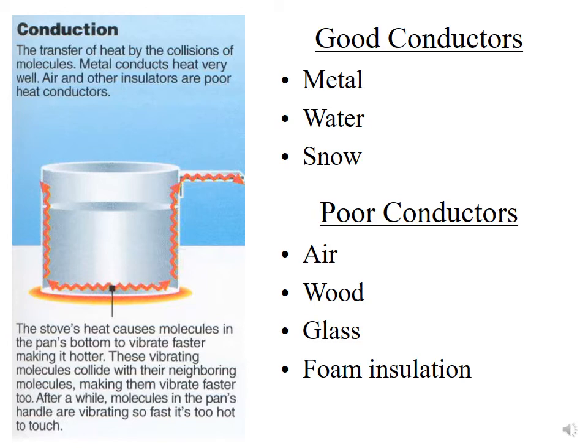Examples of good conductors are metal, water, and snow. And objects which are really poor at transferring energy through conduction, examples are air, wood, glass, and foam insulation. And these poor conductors we actually refer to as insulators.